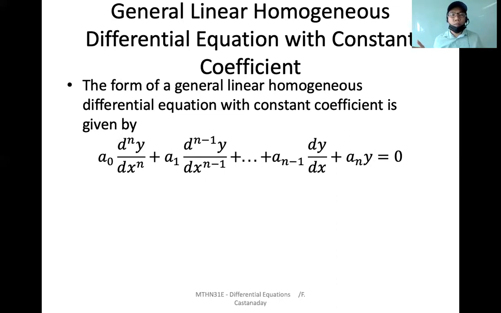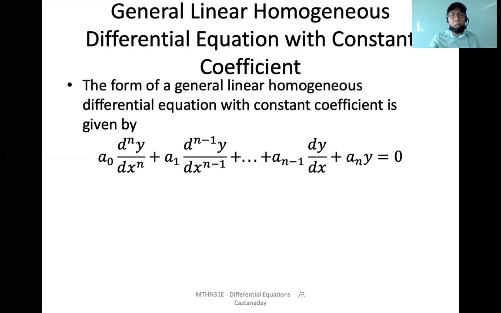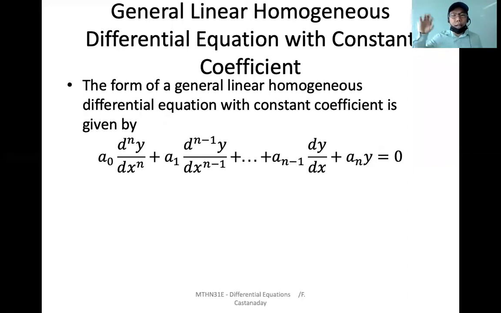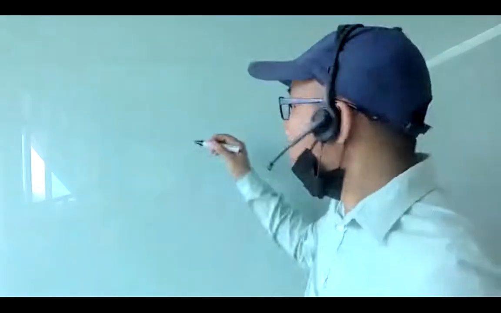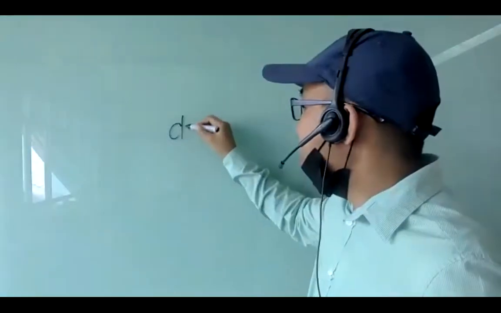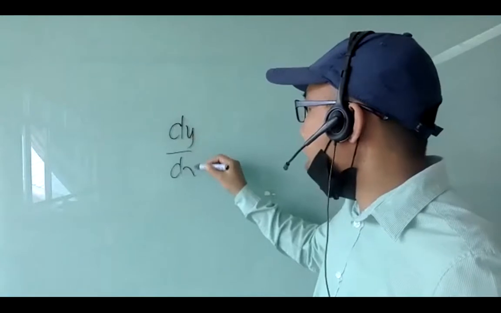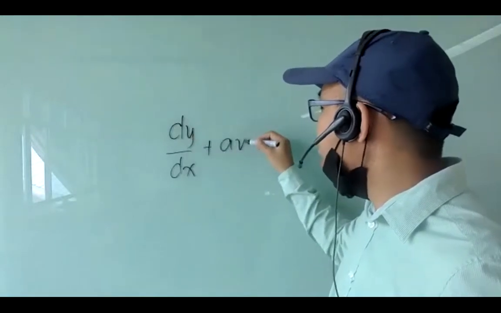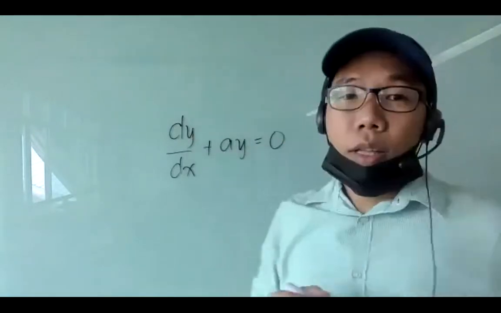For a first order DE, how do we represent it? First order DE with constant coefficient, and homogeneous. Remember, the right-hand side is always equal to 0. Let me write it. Can you see? Am I the only one you see? So, first order, dy over dx plus ay equal to 0.